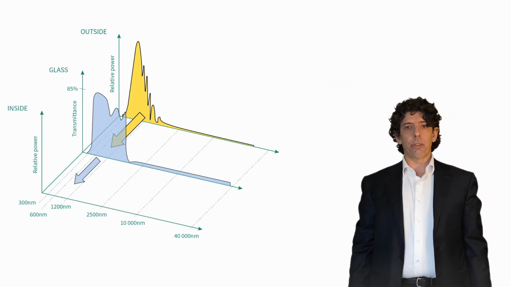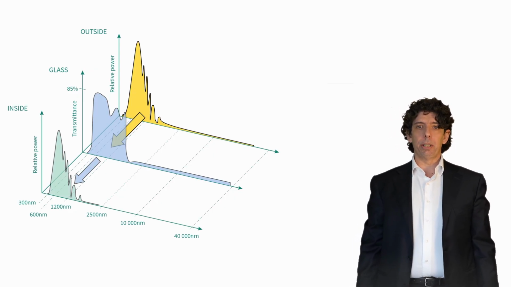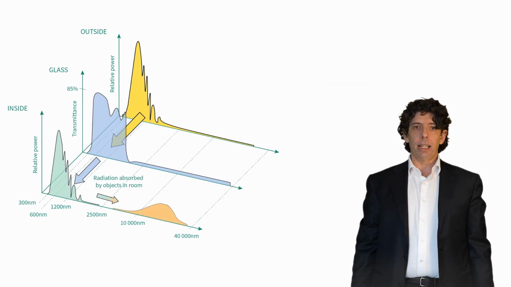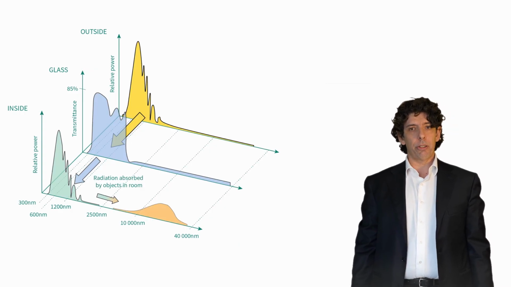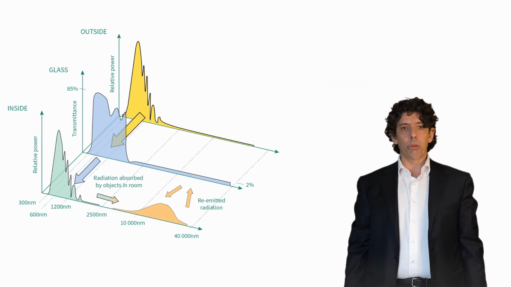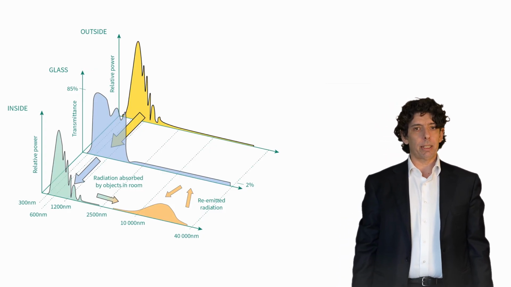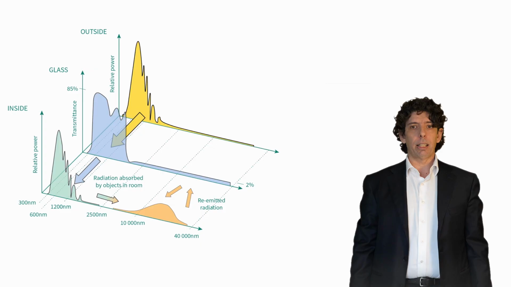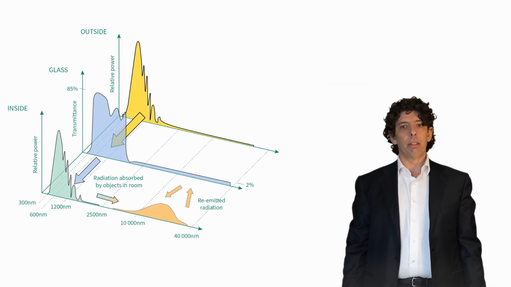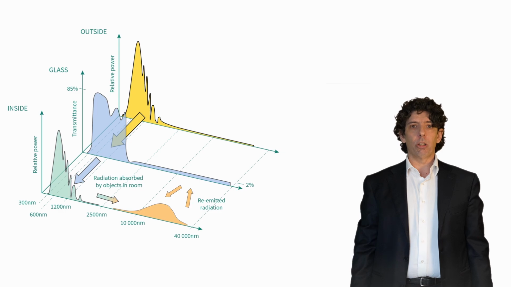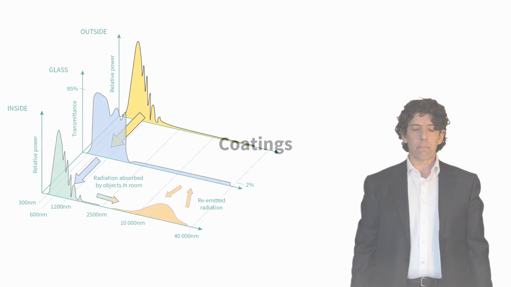Part of the solar radiation entering in the room is absorbed by the material and objects in the room and gets re-emitted as infrared radiation. But due to the low transmittance of the glass at infrared, the radiation gets trapped inside the room, thus raising the temperature of the room. Hence, it is important to pick the right type of glazing depending on the climate requirements.